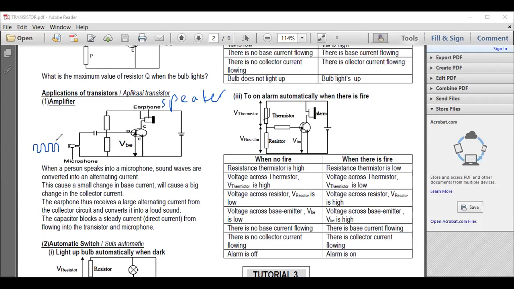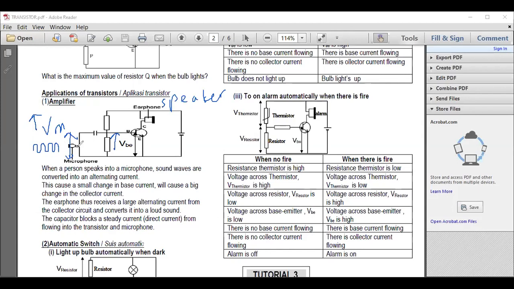So sound is converted into current. This will change the voltage across the microphone. This voltage across the microphone is parallel to the base. So there'll be small changes in your microphone voltage because you detect sound now, so automatically there'll be changes across your base voltage.